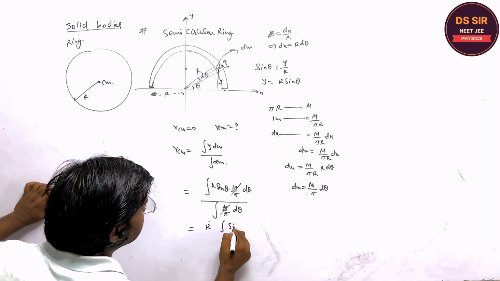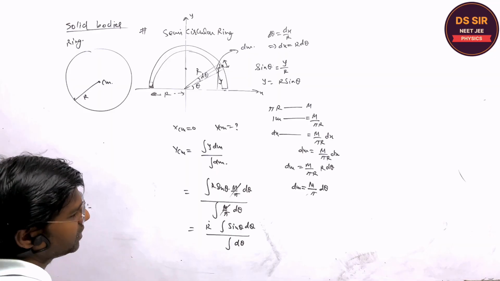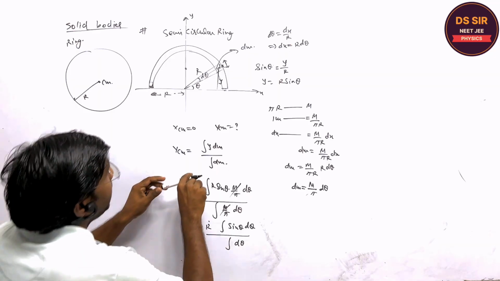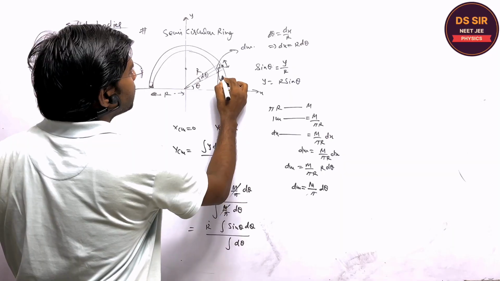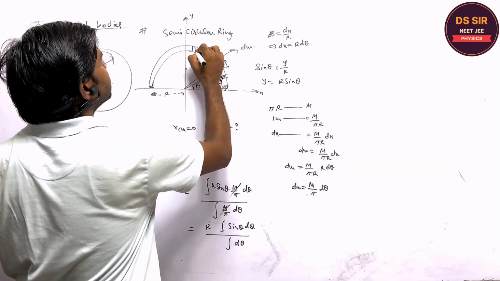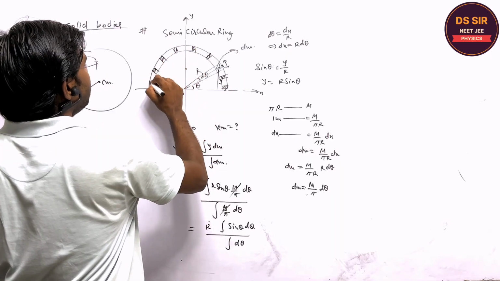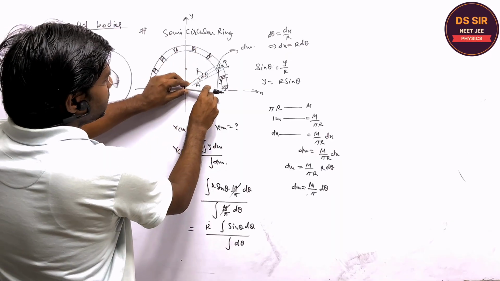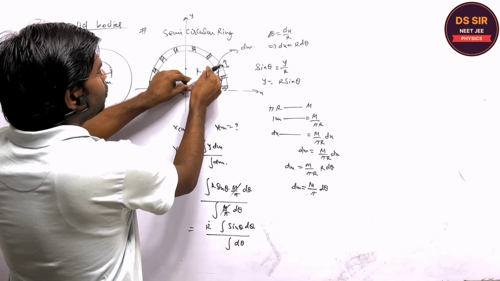So it is sin theta d theta. The elements start from where? The element starts from here. This is the element, this is the element, this is the element. So these elements start from theta equal to 0 to pi.